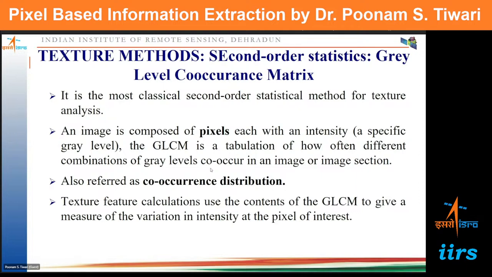So how a particular combination of gray levels occurs in a part of the image. It is also called the co-occurrence distribution. Texture feature calculations use the contents of the GLCM to give a measure of variation in intensity at the pixel of interest.